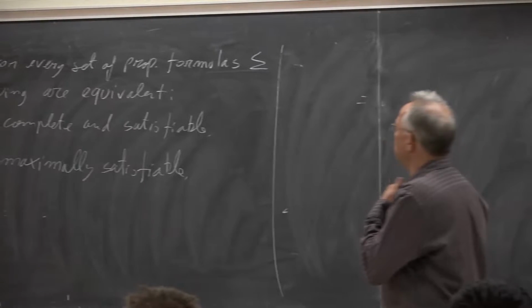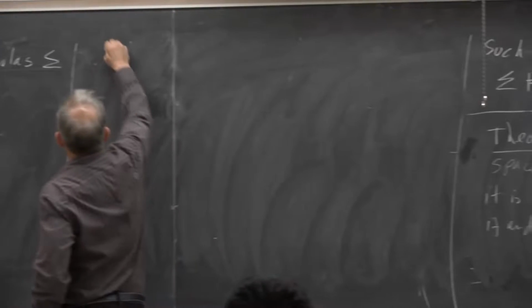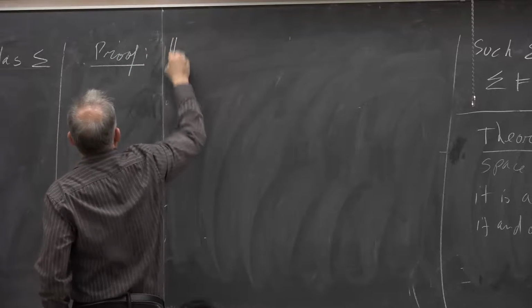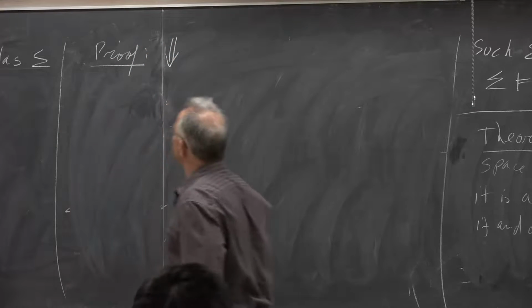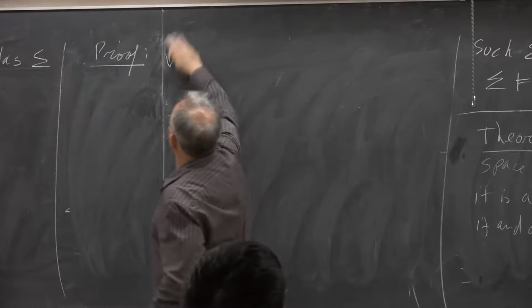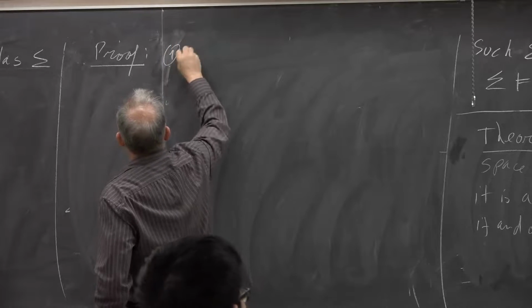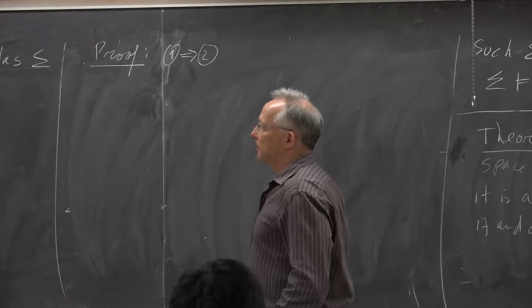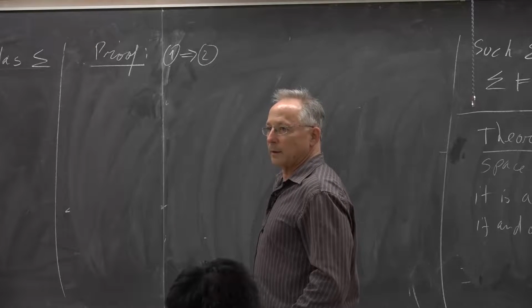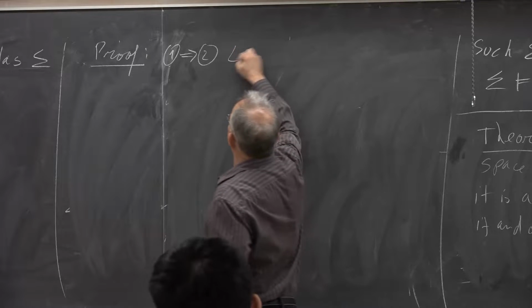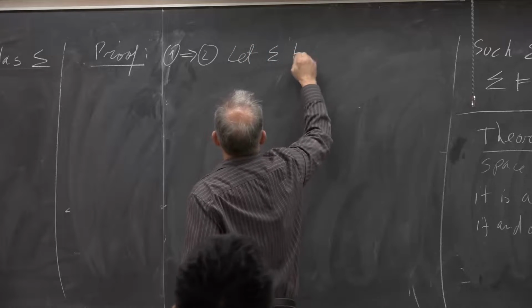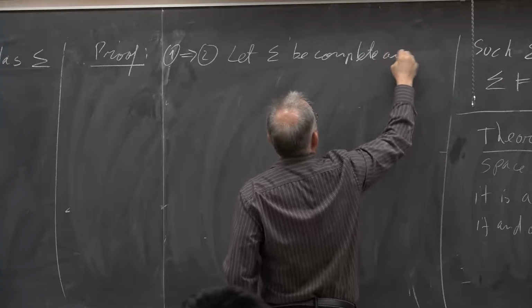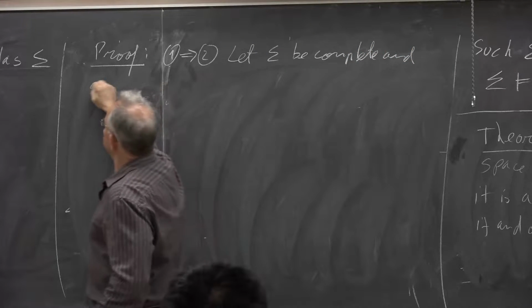So let us show that 1 implies 2. Proof. So let sigma be complete and satisfiable.